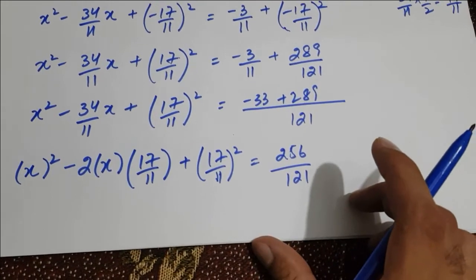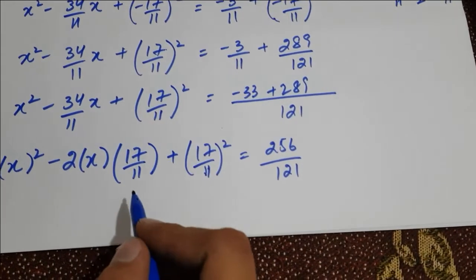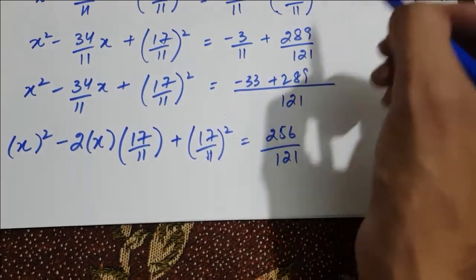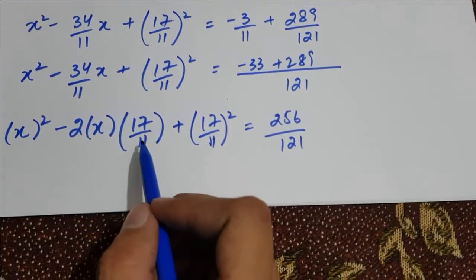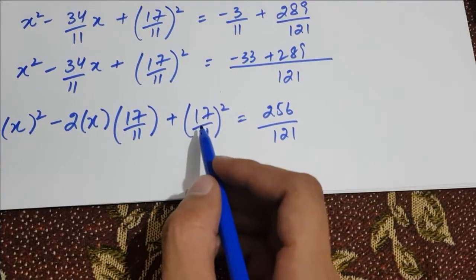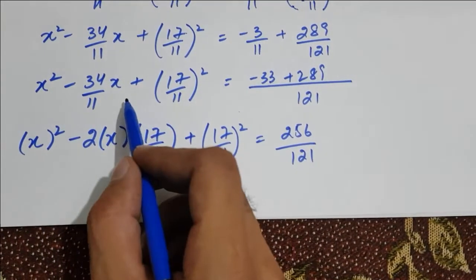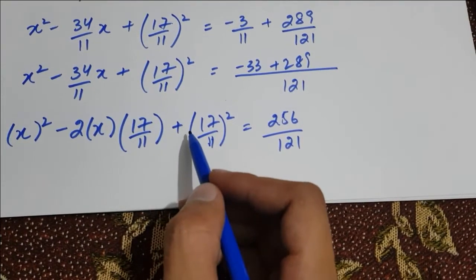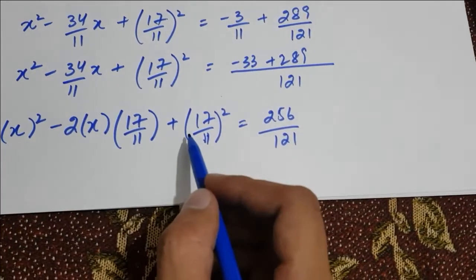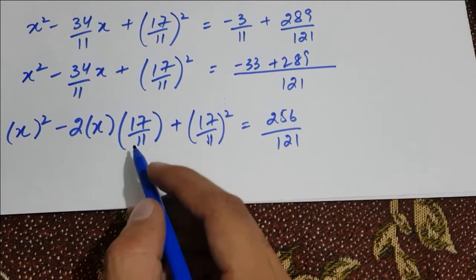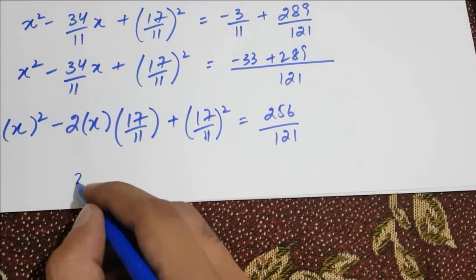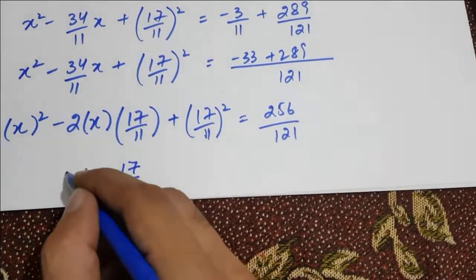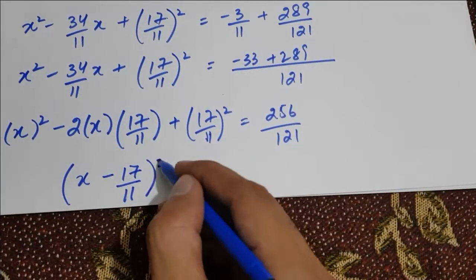So here I am going to tell you an important thing, that why this method is called as completing square method. Since we have written this expression in this form, and now we can write this expression in the contracted form as x minus 17/11 whole square.